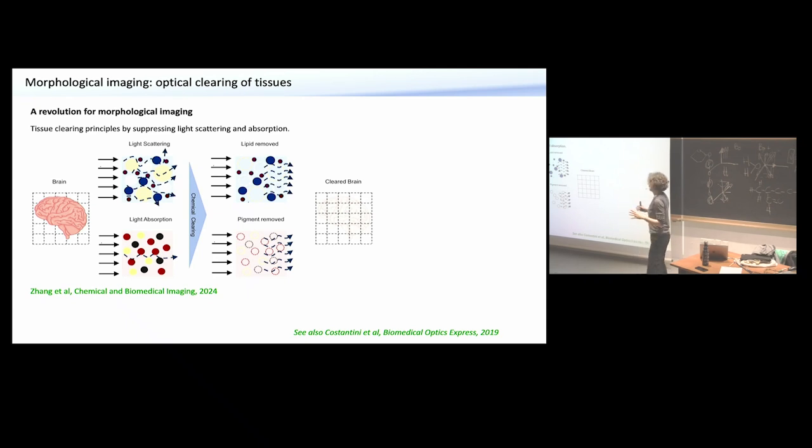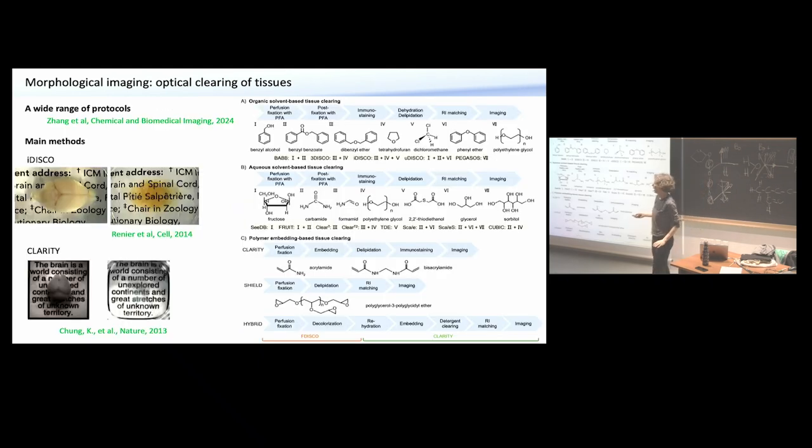I'm not going to go into detail about how these techniques work, how they remove the scatterers, or how they adapt the index of refraction to have as little scattering as possible, but you can see there are a lot of reviews on this. Just to show you 2 examples of the best clearing agents: one is iDisco, developed by Nicolas Régnier, and one is Clarity. You see the brain has completely disappeared, so it's very efficient. There are many alternatives, many different techniques, and it's a huge community working on these techniques.